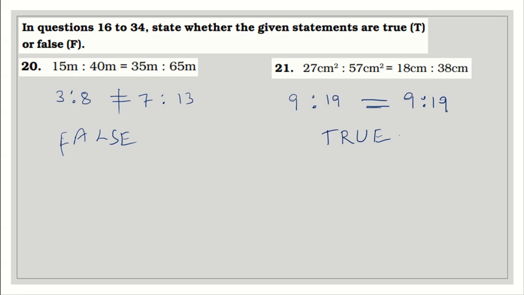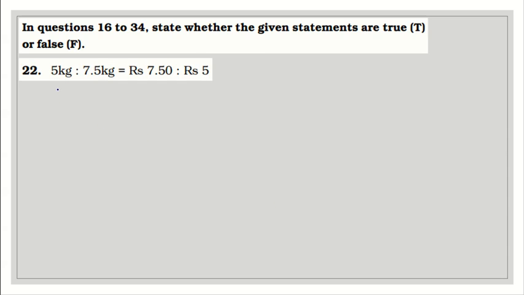Then moving on to question number 22, 5 kg is to 7.5 kg. 5 kg and 7.5 kg, they both get cancelled with 2.5 kg. So 2 is to 3 is the fraction. Now here 7.5 rupee is to 5 rupees. Again 2.5 rupee cancels both, so 3 is to 2.